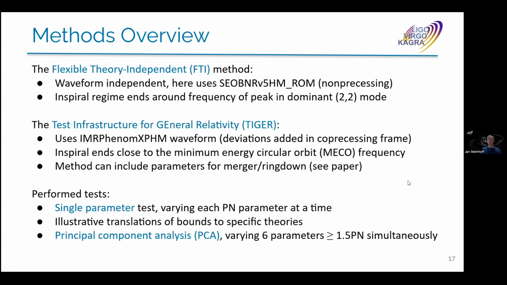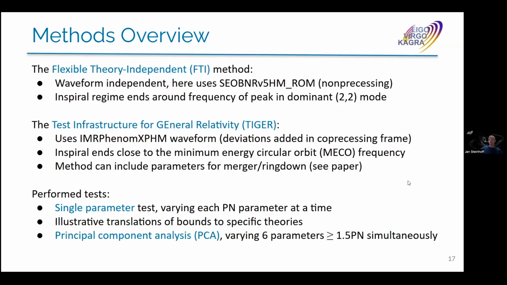Now, we do have 2 main methods to do this test. The first one is the so-called flexible theory-independent method, where the modification can be added to any non-precessing frequency domain waveform model. And in our papers, we use it together with an effective one-body waveform model.